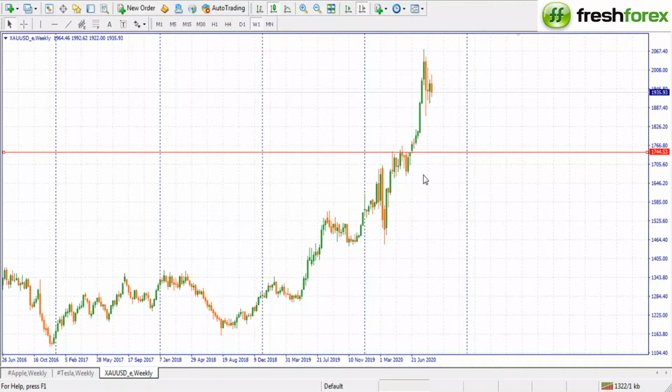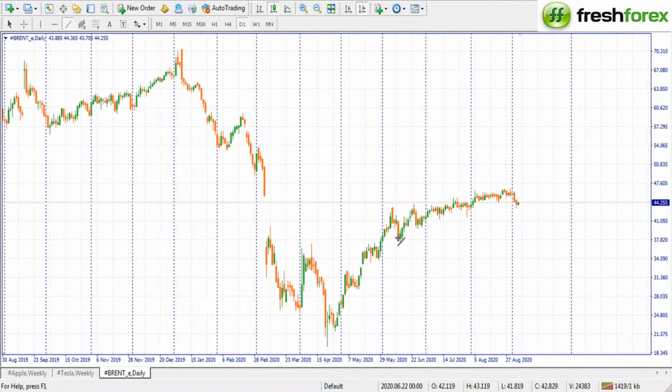The next chart, the last one for today, is Brent oil. Yesterday we had a crash to the lower side. The price moved massively to the lower side. It even went below the line we have here.